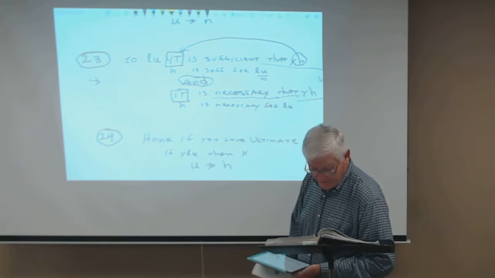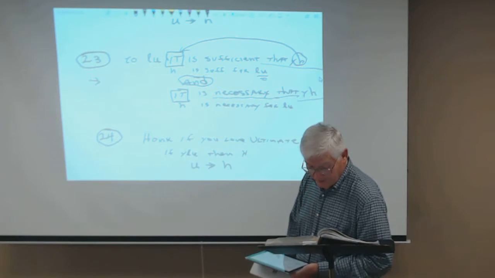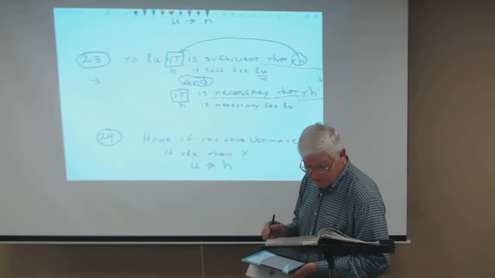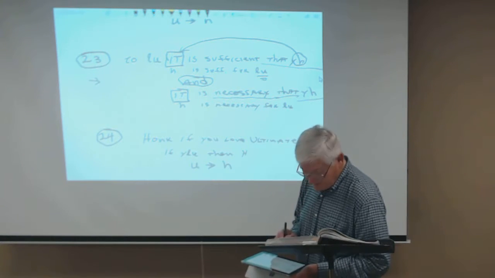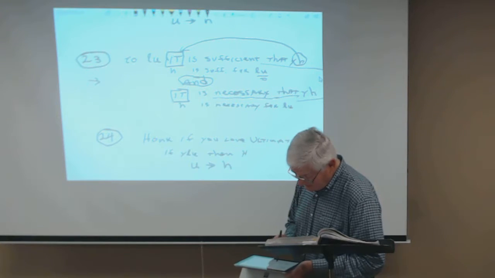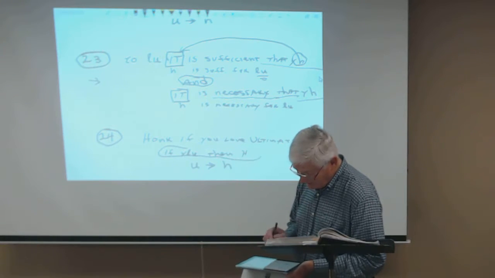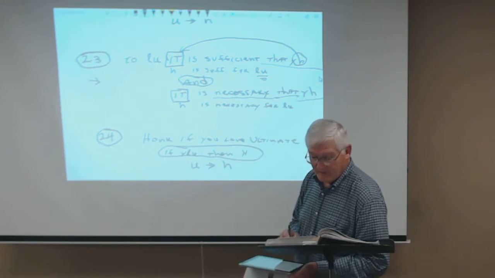Number 24. Write in symbolic symbols the converse, the inverse, and the contrapositive of honk if you love ultimate. So didn't they just say if you love ultimate then honk? Isn't that what they just said?